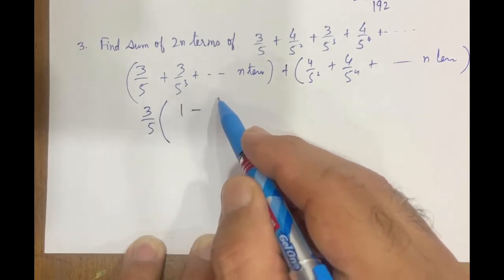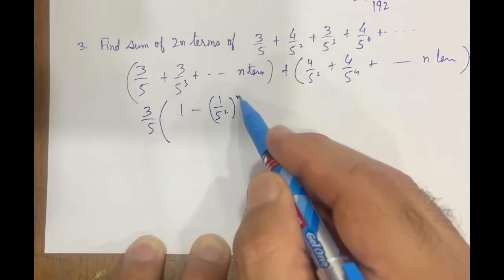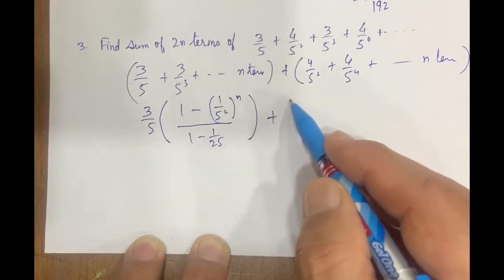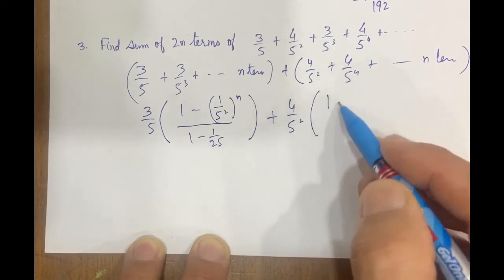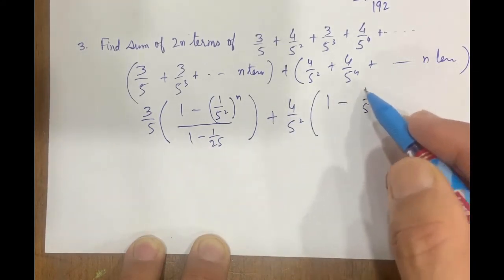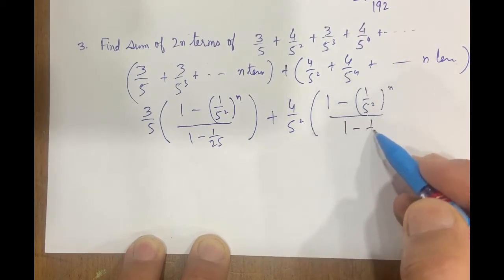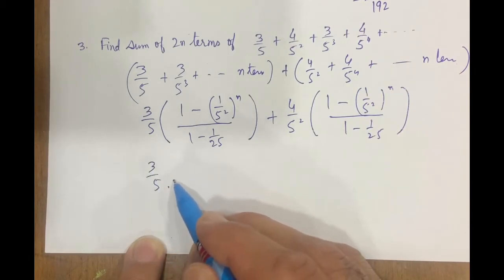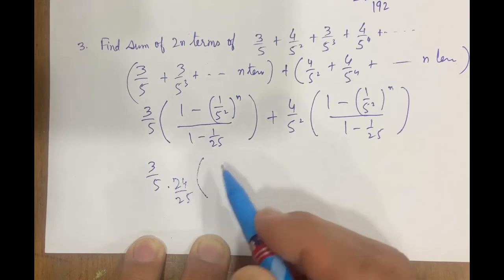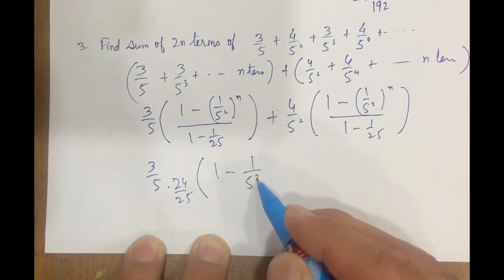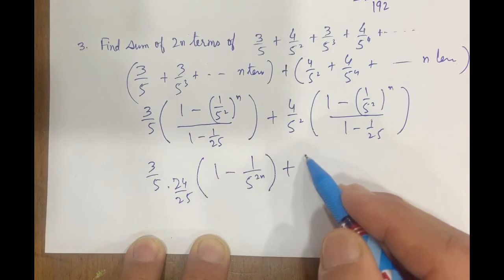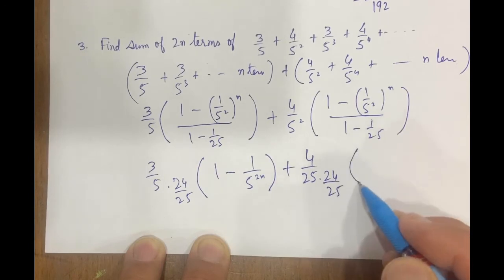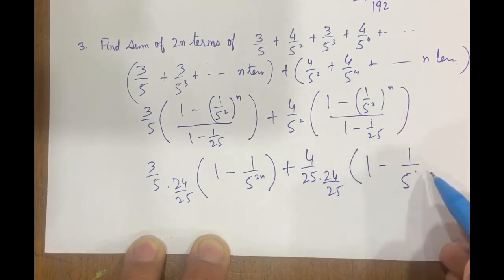So this will be 1 minus 1 by 5 square raised to n, upon 1 minus 1 by 5 square. And for the second, the first term is 4 by 5 square, and the common ratio is the same, 1 by 5 square, so 1 minus 1 by 5 square raised to n upon 1 minus 1 by 25. This is 3 by 25 into 25 by 24 into 1 minus 1 by 5 raised to 2n, plus 4 upon 25 into 25 by 24 into 1 minus 1 by 5 raised to 2n.